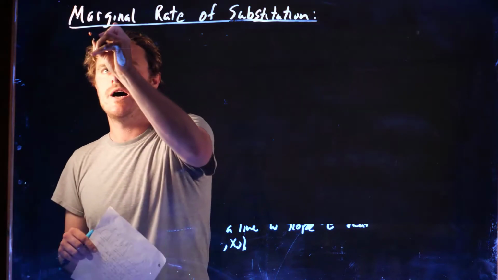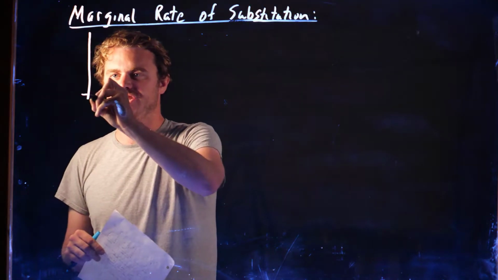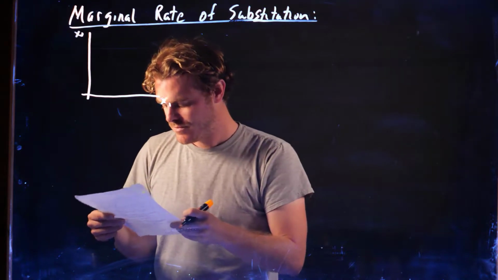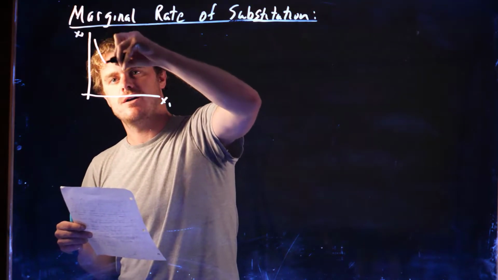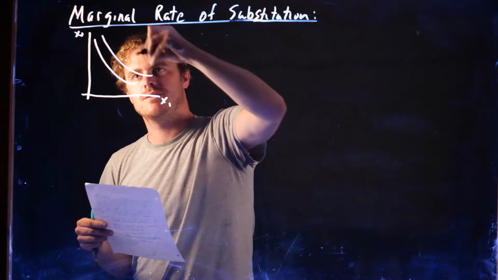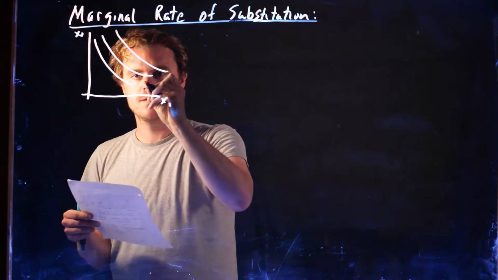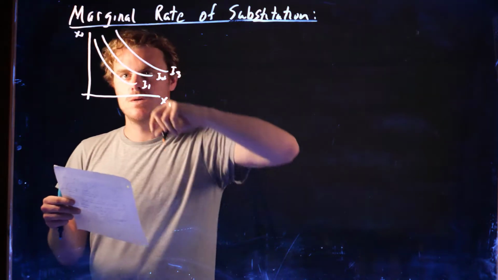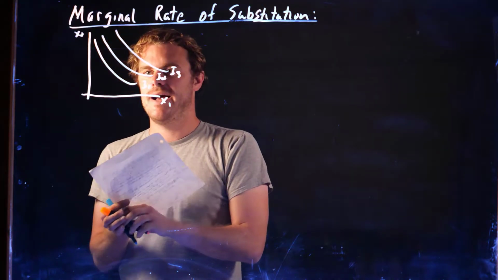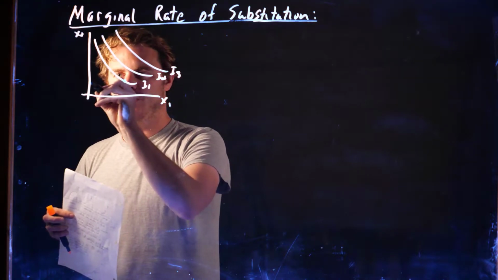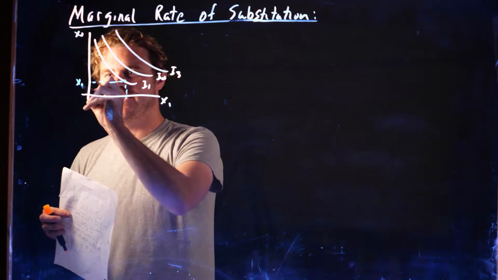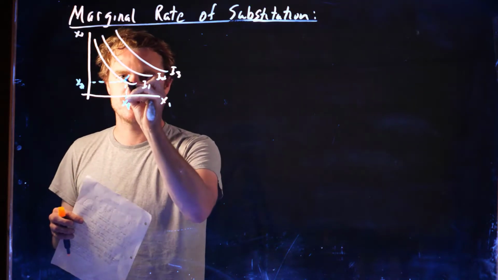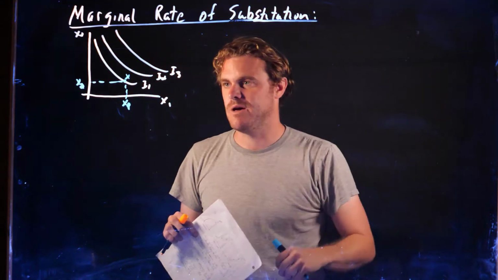So let's visualize this exchange that we're offering the consumer. So x2 and x1, let's draw a few indifference curves here: I1, I2, I3. All right, so let's imagine that we're at this point. This is the exact amount of x1 and x2 where the consumer is currently consuming, that bundle X we were talking about before.